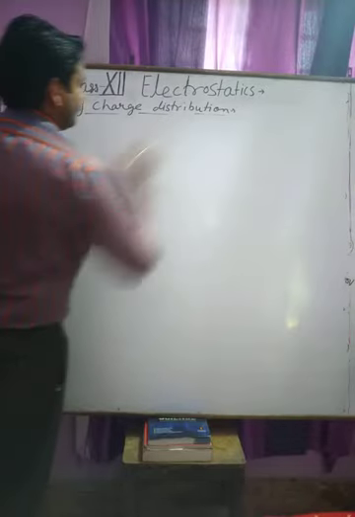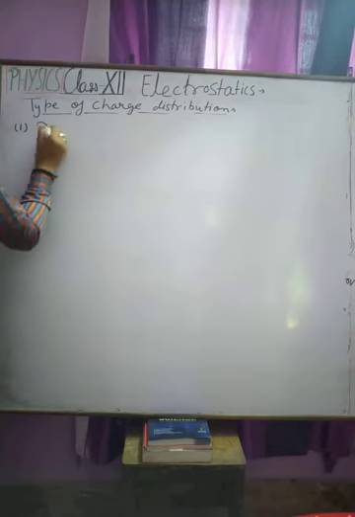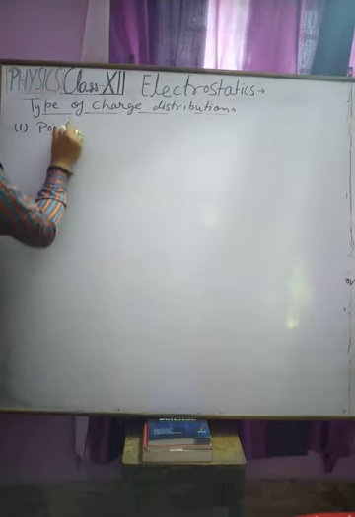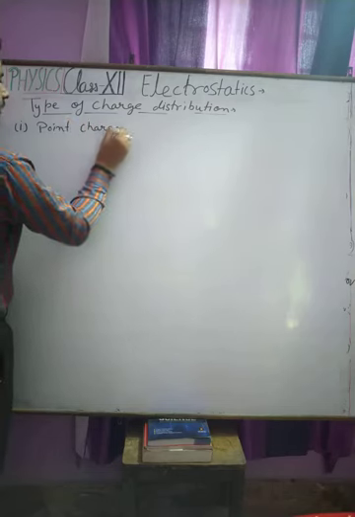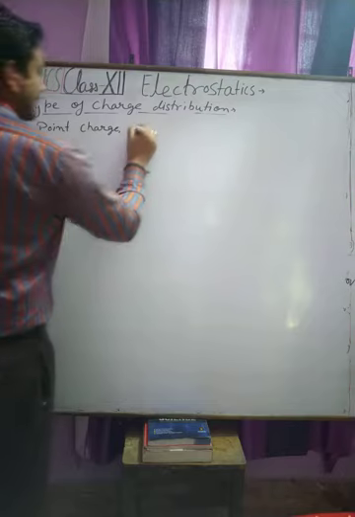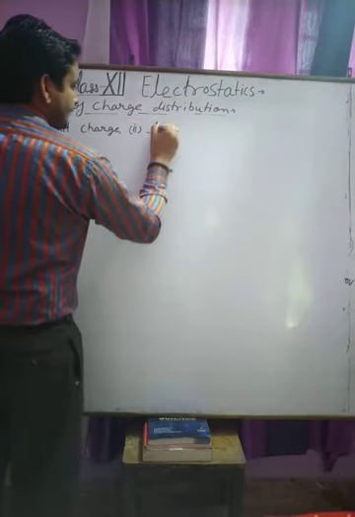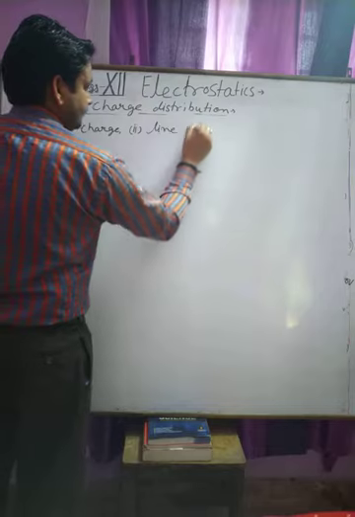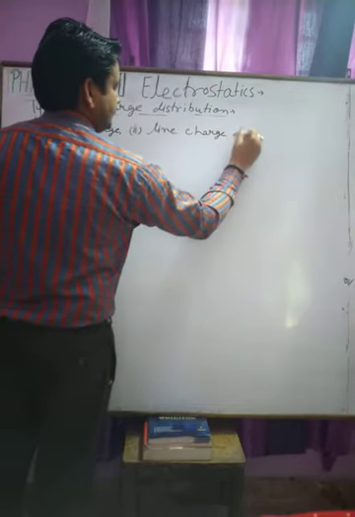We have four kinds of charge distribution. One is point charge, which we discussed earlier. Second is line charge distribution.